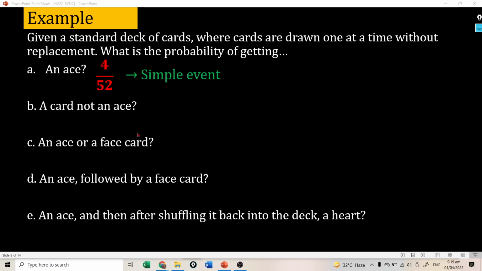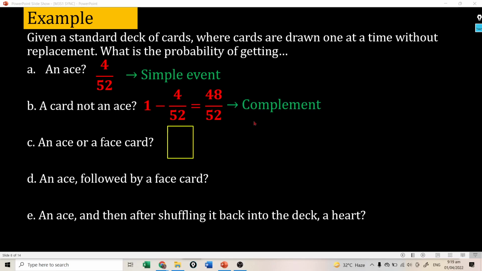Or remember that we can apply the idea of complements here and do 1 minus our answer in the first one. Or 48 out of 52. Again, this is applying the idea of complements. Kasi nga, in terms of being an ace, you can only have 2 possibilities. Either you are or you aren't an ace.